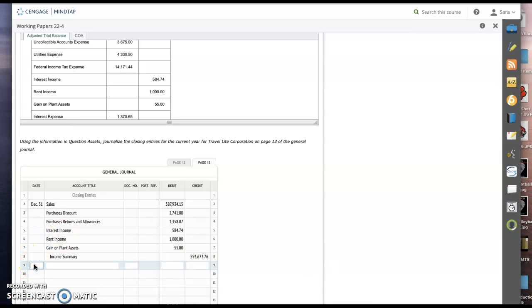Okay, then our date again for our next set of closing entries. For this one, our first account will be income summary. And then we have all of our expense related accounts.